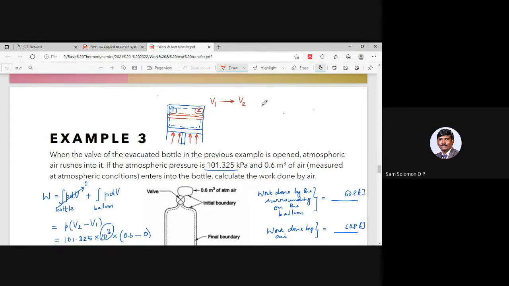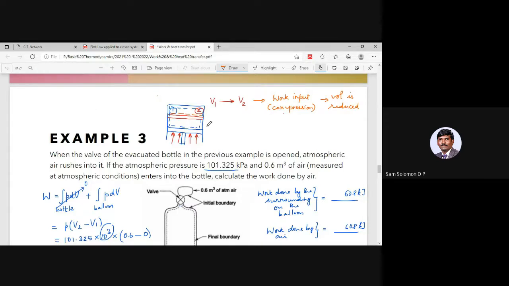So there is a reduction in volume, which also means there is a reduction in the boundary of the system. So this is a work input case. In a work input, you have a compression process, and during that compression process, your volume is reduced.